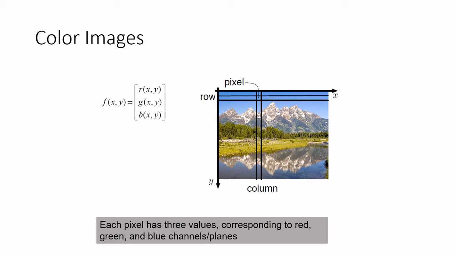So if we look at our picture as a function f of x, y, where x and y are spatial variables, that is, as we move around the picture, x and y values change, then the function f(x,y) can be represented through three functions: r(x,y) representing variations in red across x and y, g(x,y) representing variation in the green channel, and b(x,y) representing the variation in the blue channel.